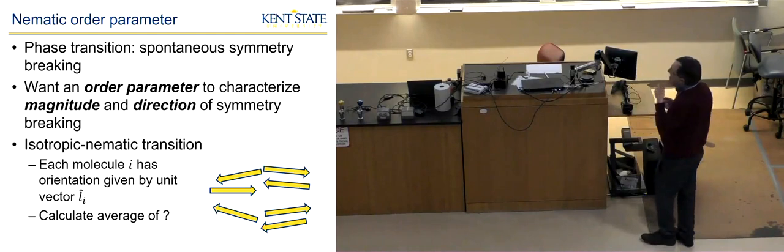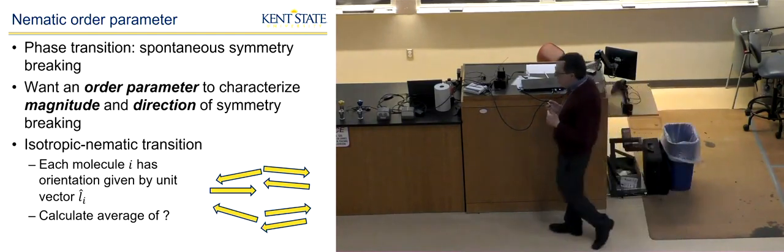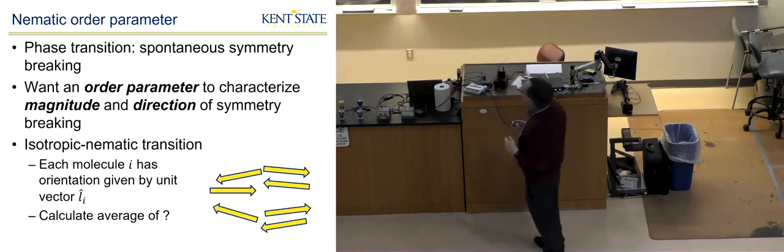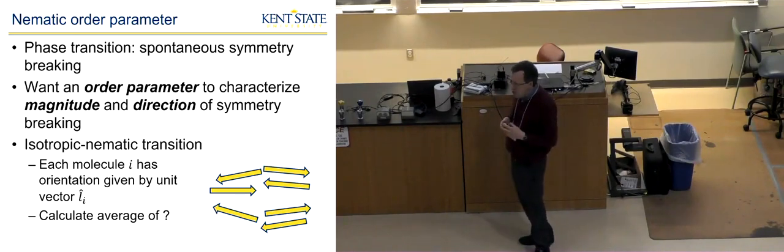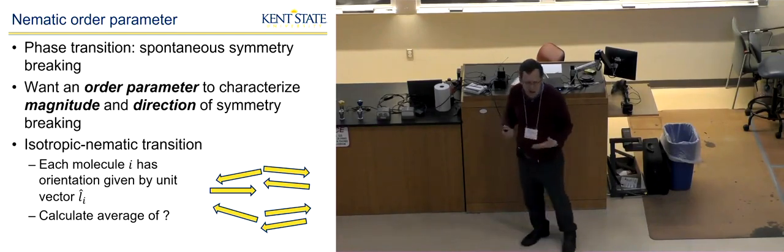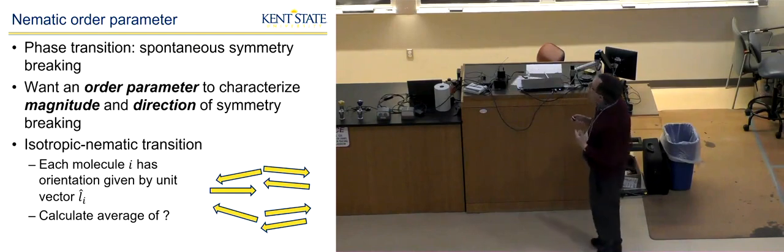So let's move on now in thinking about the physics and consider, how do we describe this orientation? What sort of order parameter do we want to use to characterize the distribution of molecular orientations, to recognize that we have a liquid crystal phase?